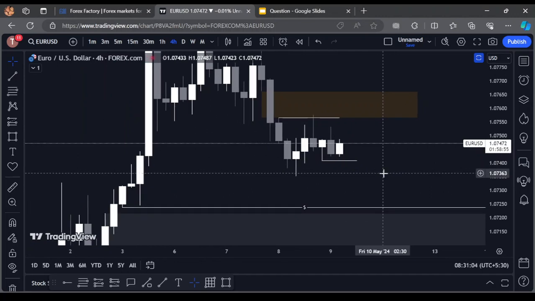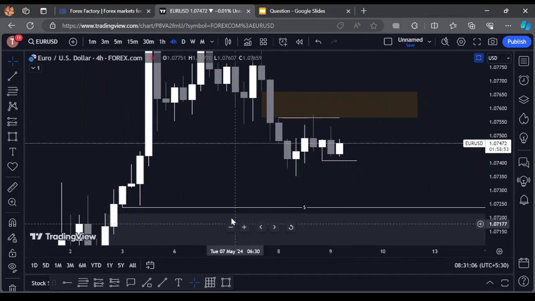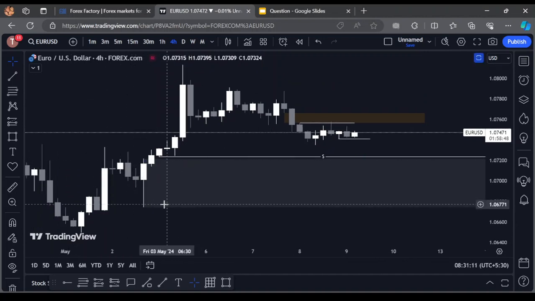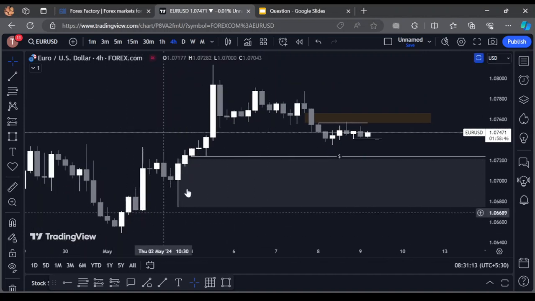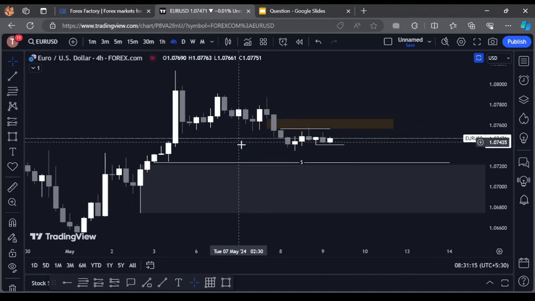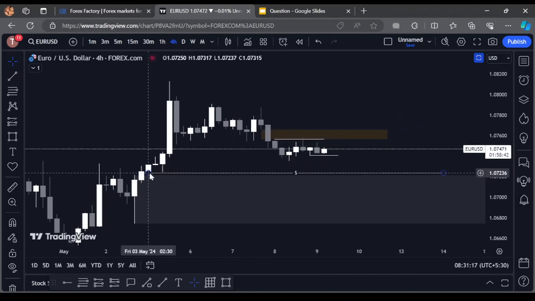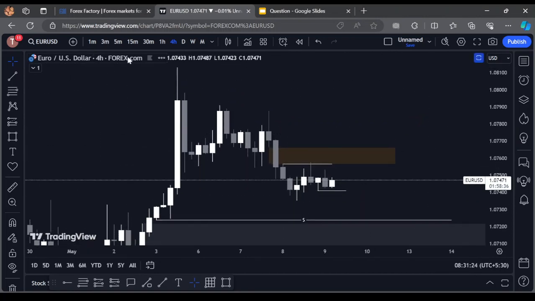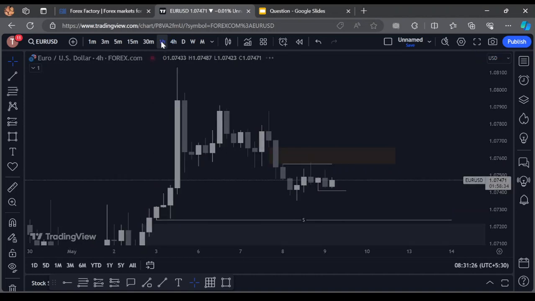This will be a signal for me that the price is going to go into the downward direction and going to mitigate this candle, which was responsible for this bullish move into the market. So we are also having just equal lows just above this unmitigated candle. So let's move to the 1 hours for a detailed picture.